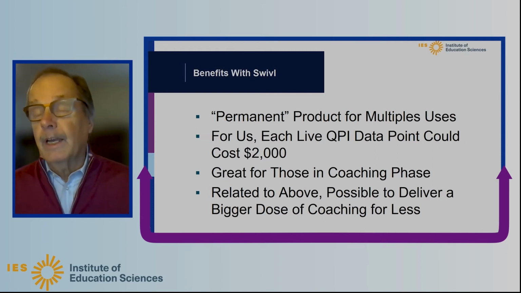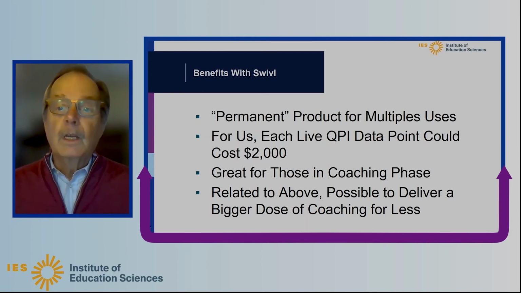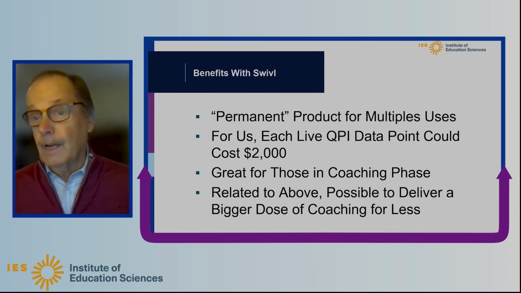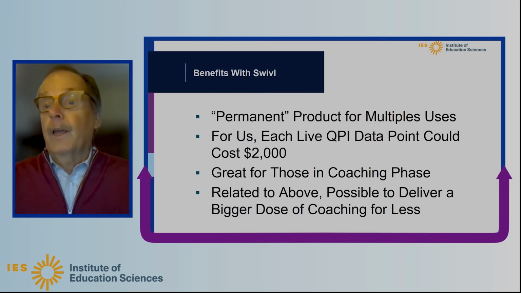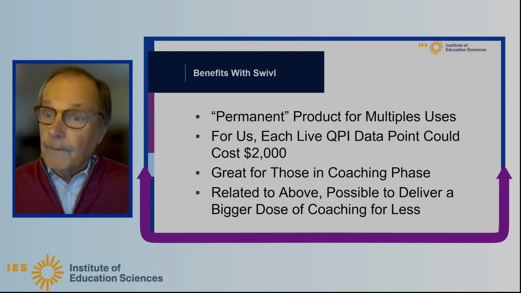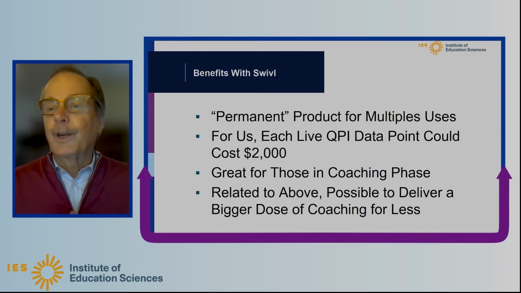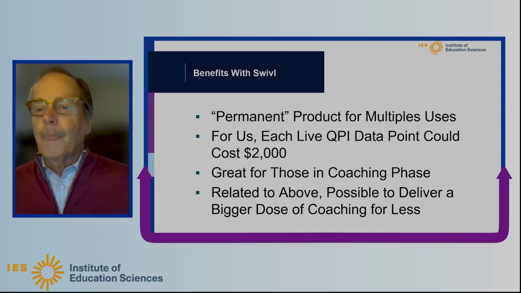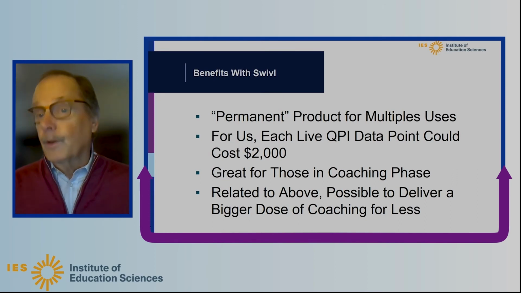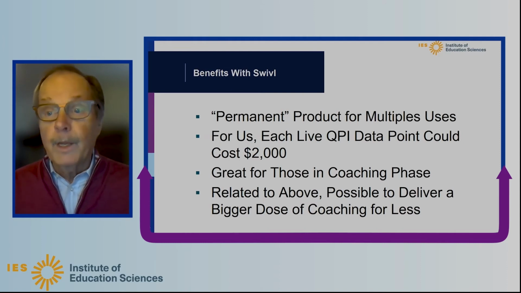Most of our LEAP sites are thousands of miles away from Denver, and so each QPI data point can wind up costing us $2,000 if we're paying for it. So it gets to be very expensive. And while Swivel is not inexpensive, if you're collecting multiple data points across multiple classrooms, it's arguably a significant cost savings.